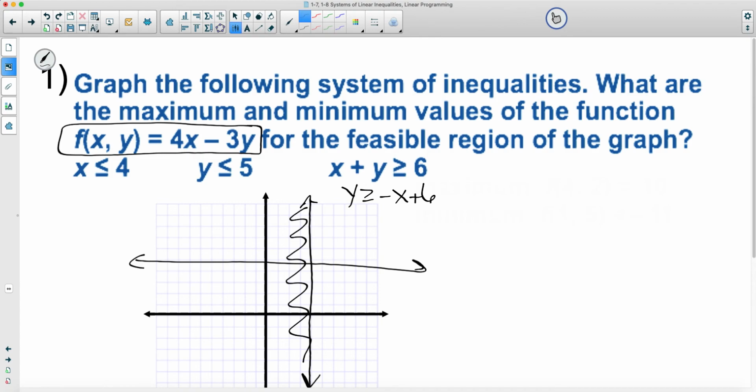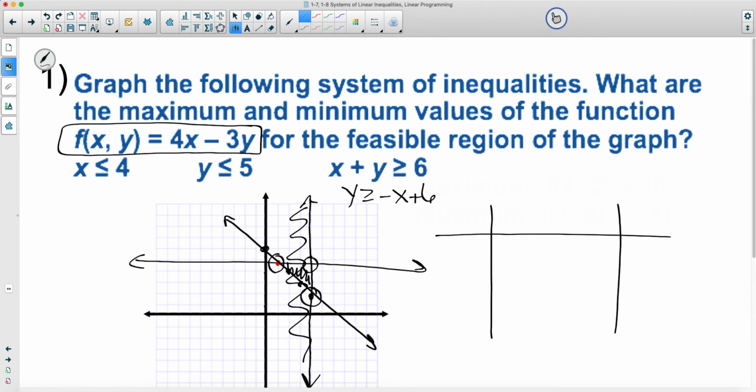We start at 6 for this one. Okay, 1, 2, 3, 4, 5, 6, and we go down 1 over 1, right there, and that's a solid line shaded above. Okay, so you see that my lines aren't the best, but I drew those little dots out. That's going to help me find my vertices. So I have one there, there, and there. Those are the points that we're using to plug into our equation.